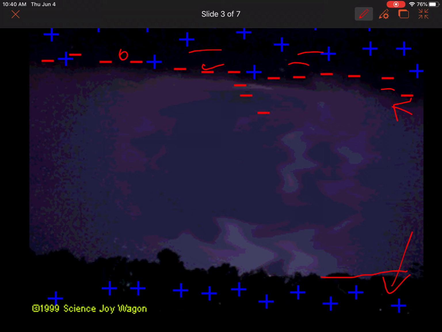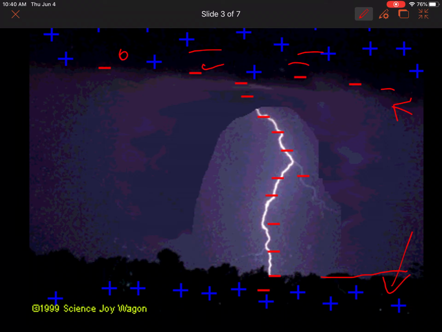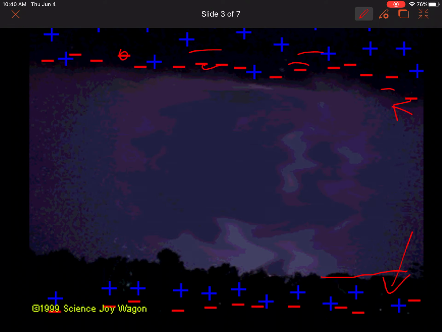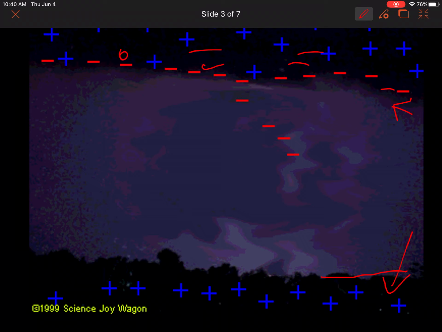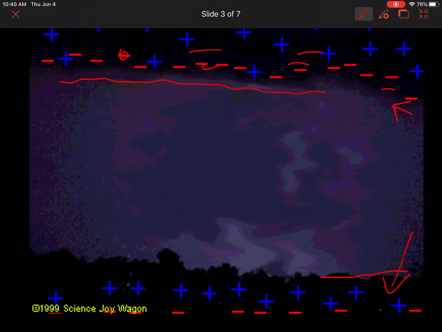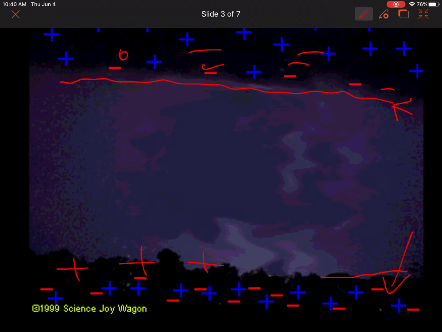Remember, like charges repel each other. So when these ones go away at the bottom, we get left with a positively charged earth here. The electrons that are all collecting up here are attracted to these positives, and they're going to come down.